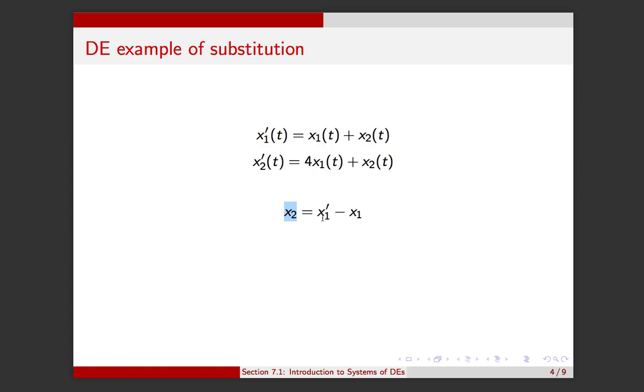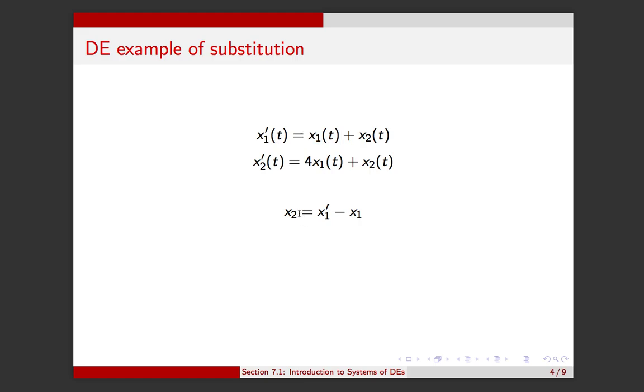So again, I dropped the "of t" just for saving myself typing, or if we were in class, to save myself writing at the board. But again, this is a differential equation here, so these are functions. Anyway, so x2 is x1 prime minus x1, right? Scoot that x1 over on the other side of this equation.